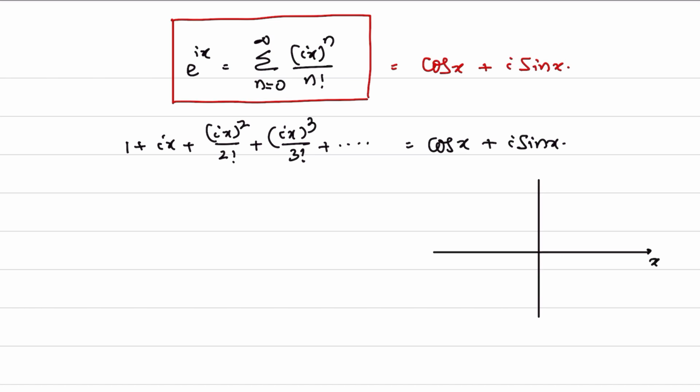The x-axis denotes the real numbers, and the y-axis denotes the imaginary numbers. We know pretty well that a point with coordinates x, y is z equal to x plus iy.